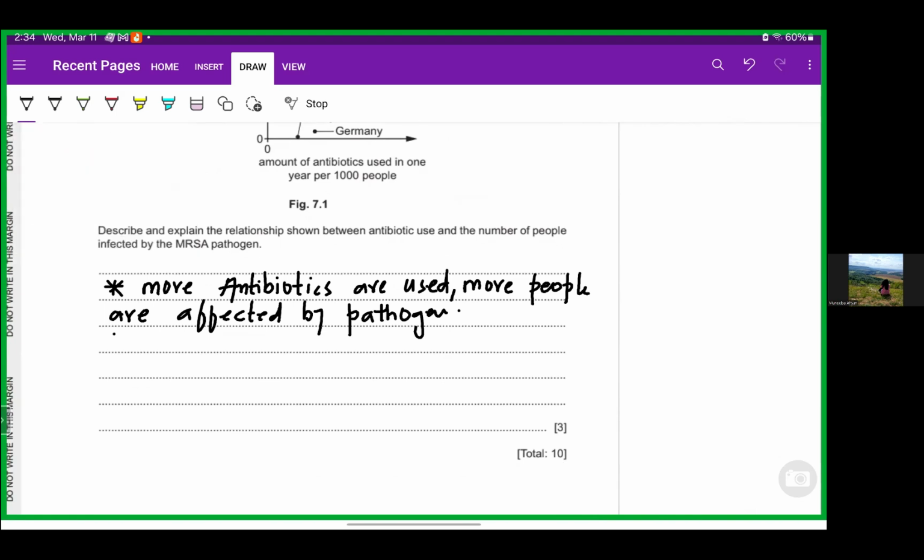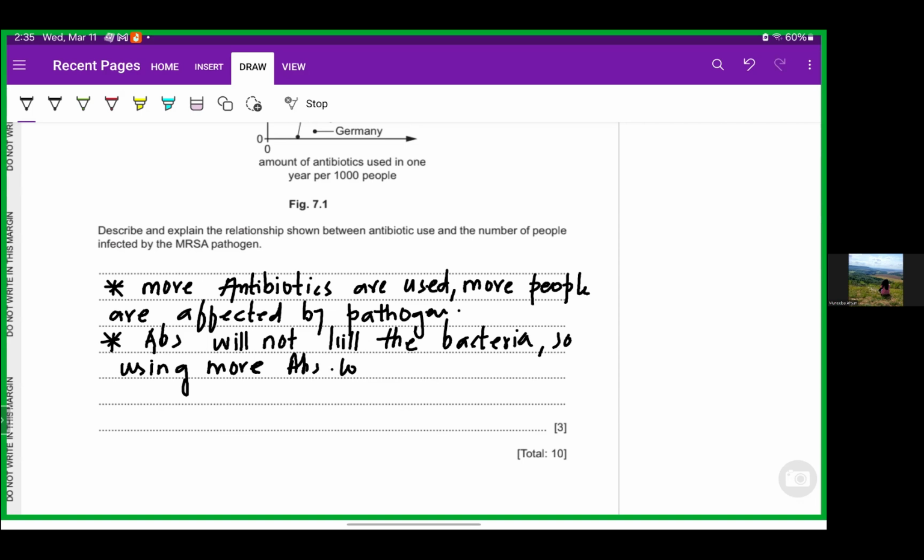Because these antibiotics will not kill the bacteria because they are resistant to it. So, using more antibiotics to kill pathogen is useless.